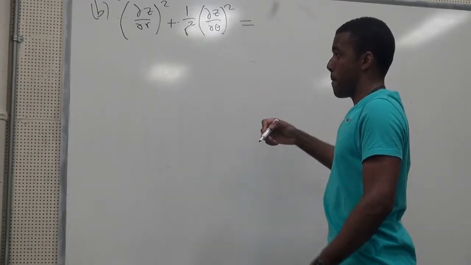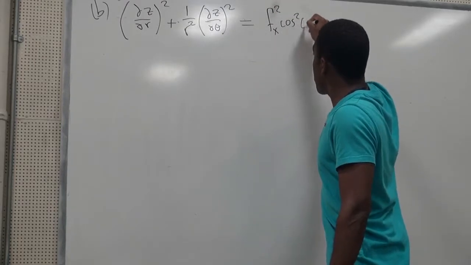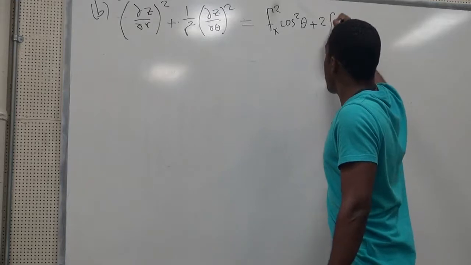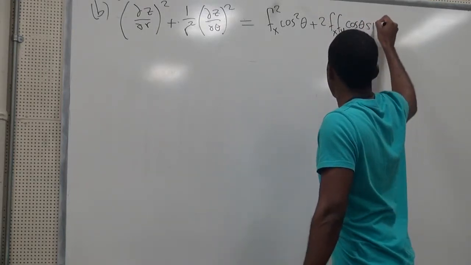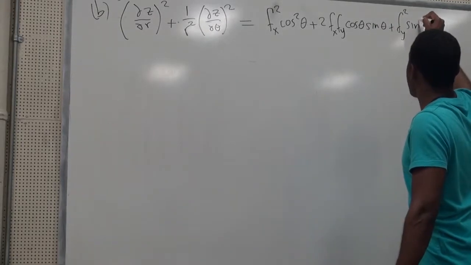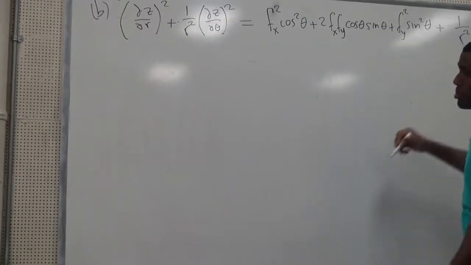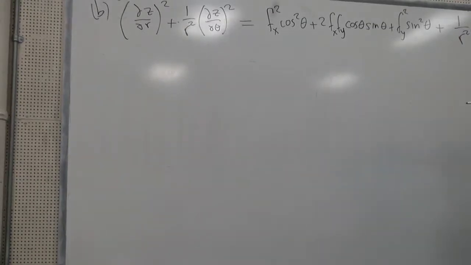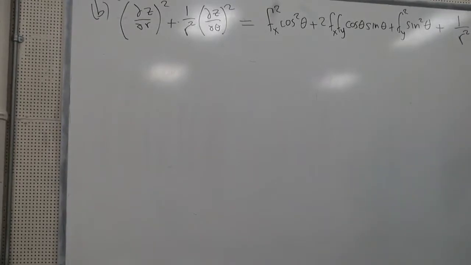fx squared cosine squared theta plus 2 fx fy cosine theta sine theta plus fy squared sine squared theta. Correct? Plus we have 1 over r squared times, now we square that term. So that would just be fx squared r squared sine squared theta.